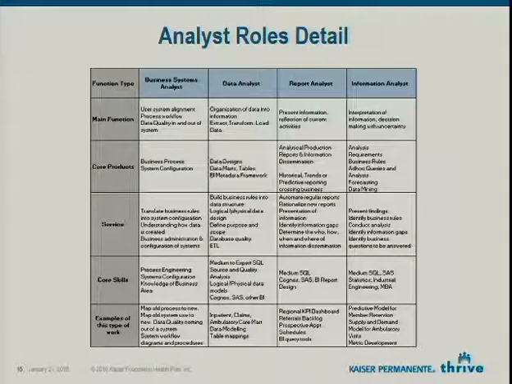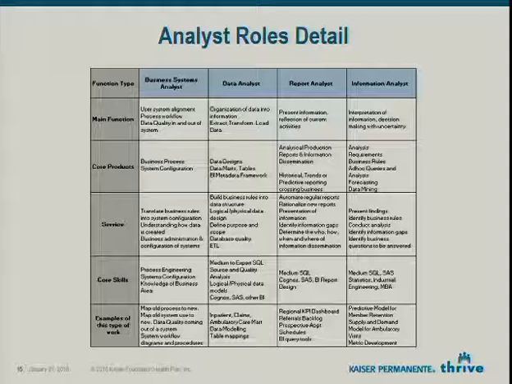And then some of the core skills for this type of role: medium SQL. They don't have to be a super coder, but they do need to understand how to get the data. And then knowledge of one of the tools, either Cognos, if they're going to be building out reports in Cognos on the BI self-serve area, or SAS coding.